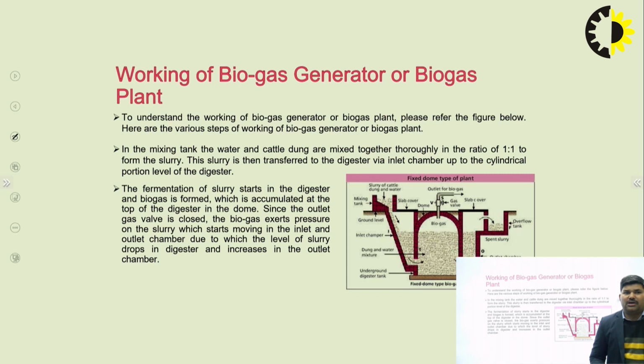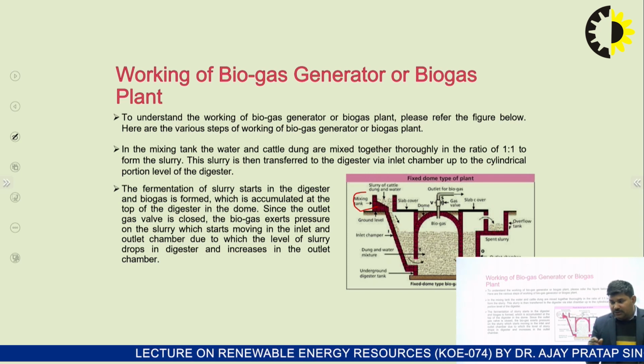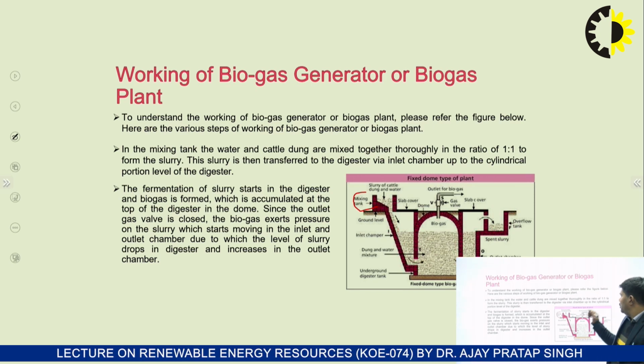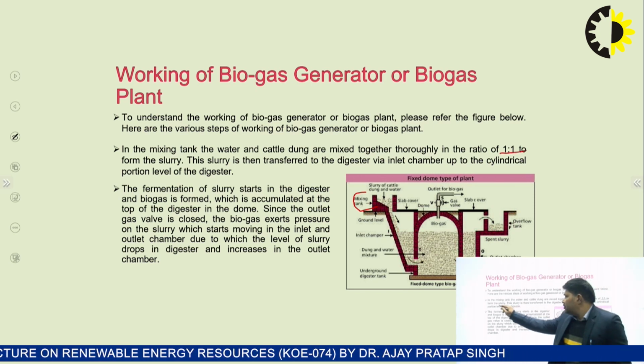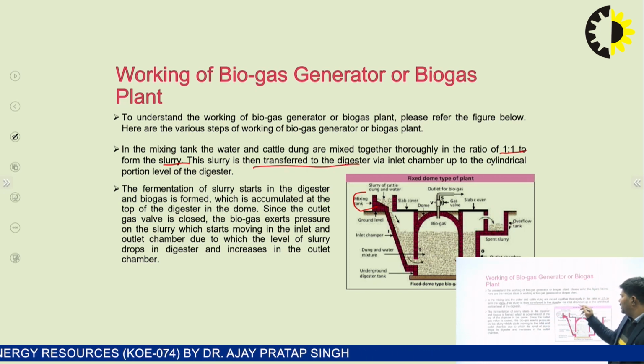First, in the mixing tank, water and cattle dung are mixed. The slurry of cattle dung and water is made in a 1:1 ratio, and this slurry is then transferred to the digester through the inlet chamber.